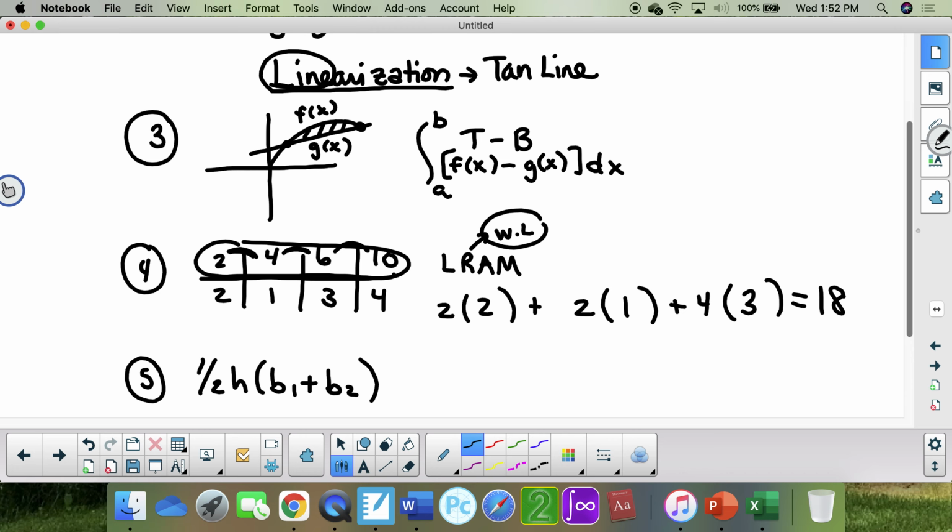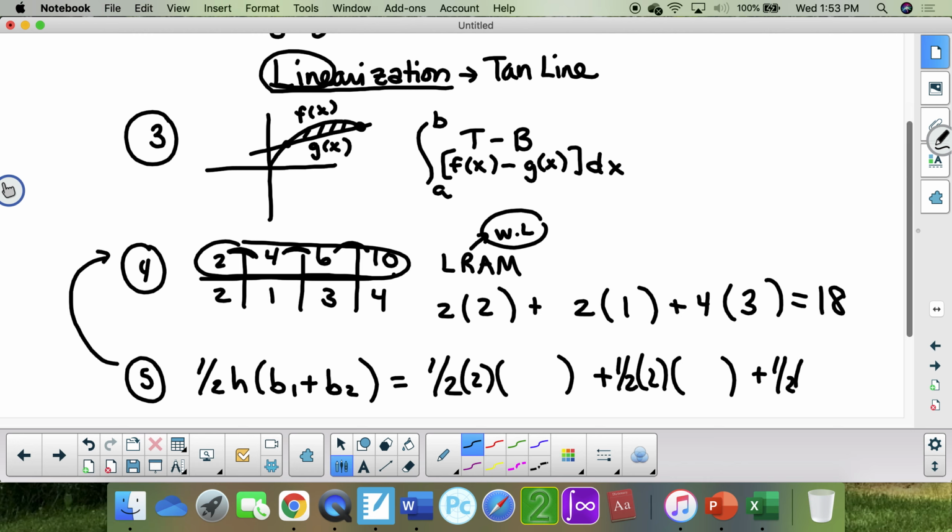And looking at the chart up above in number 4, there's going to be a one-half. And again, you have to break this up because now these are not the widths, these are the heights, and the heights have changed. It's 2, 2, and 4. So you're going to have a 2, 2, and a 4.